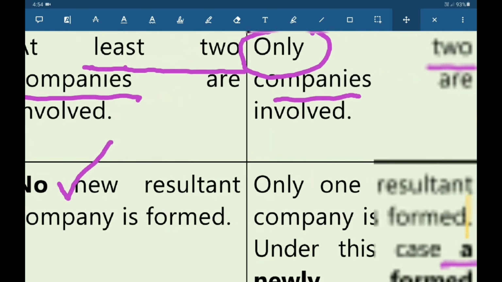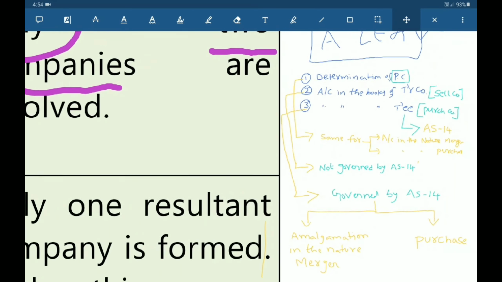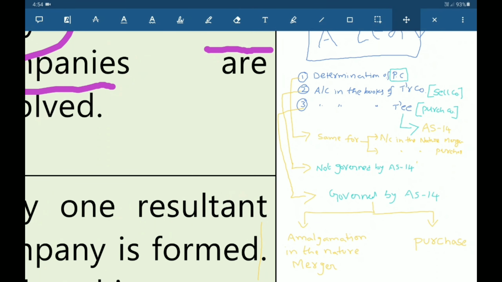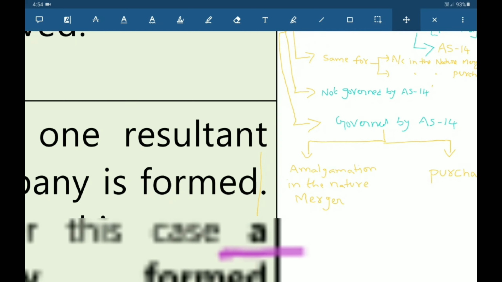And the chapter has three parts: determination of purchase consideration, accounting in the books of transferor company, and accounting in the books of transferee company. Three parts are in the amalgamation chapter. Next, we discuss some points about these three parts. Now we discuss part 1.